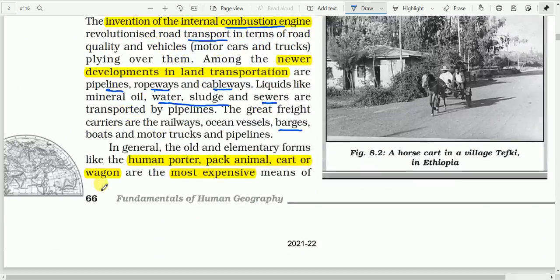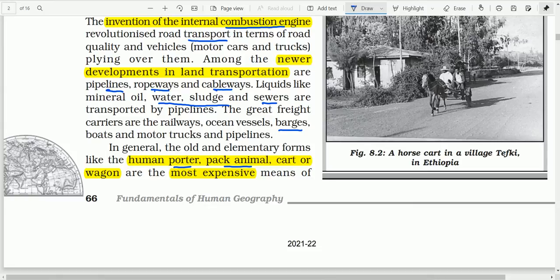So let us continue. In general, the old and the elementary forms like human porter, then pack animal, or cart, wagon are the most expensive means of transport. Generally, human porter, that is carrying goods by human beings, then by pack animals, by the beasts of burden, then cart, wagon are the most expensive means of transport.